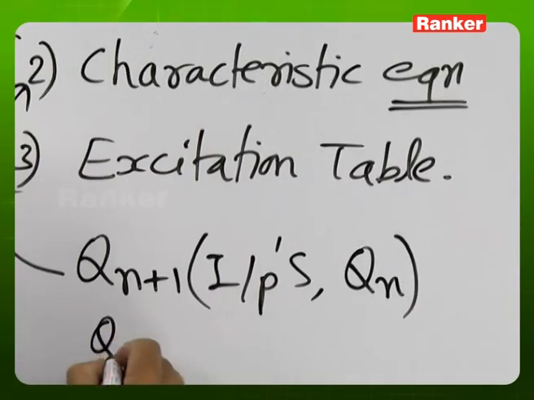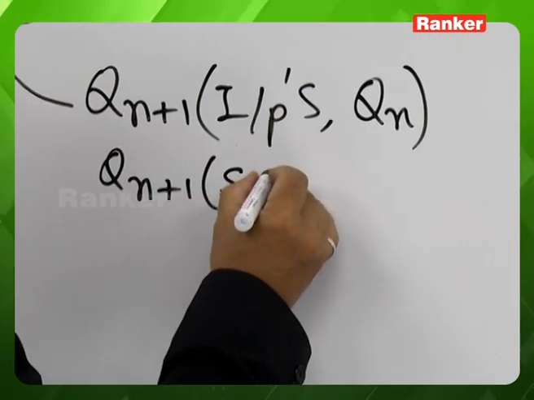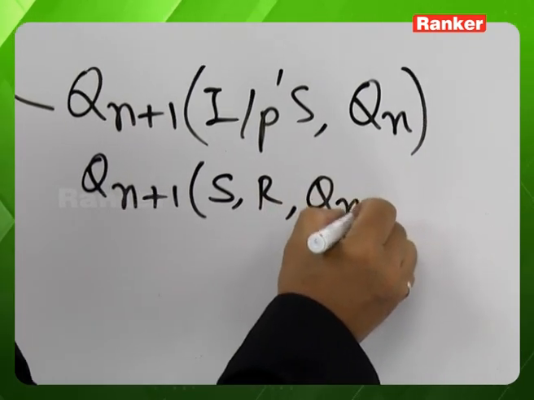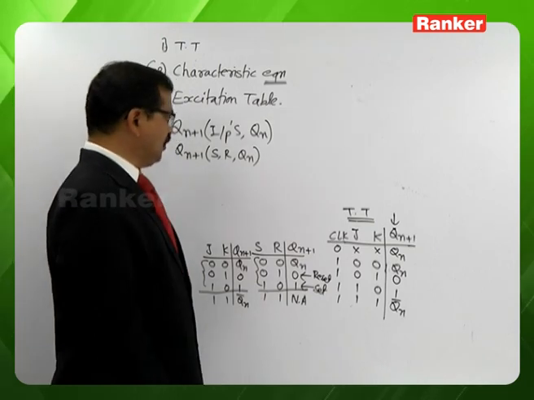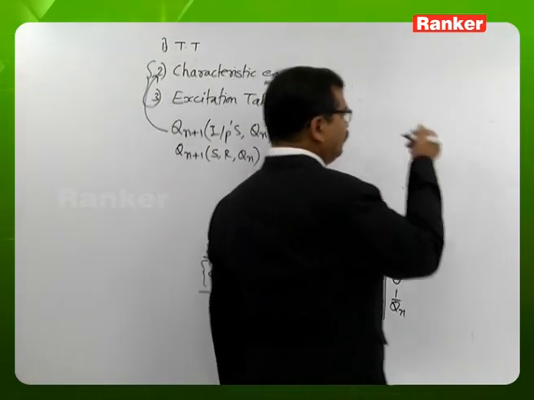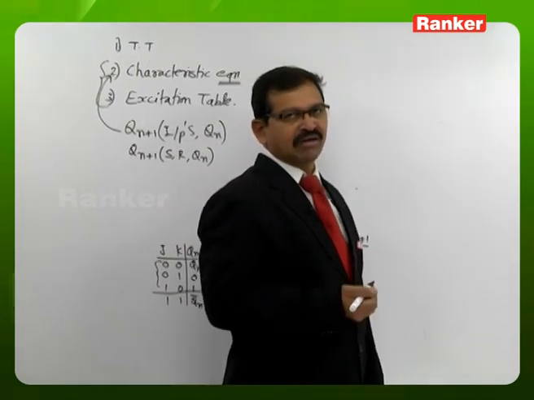When developing the characteristic equation for the SR flip-flop, inputs are S and R. Hence we are going to develop an equation for Qn plus 1 as a function of S, R and Qn. To read this equation, we need to first list all possible values of S, R and Qn.